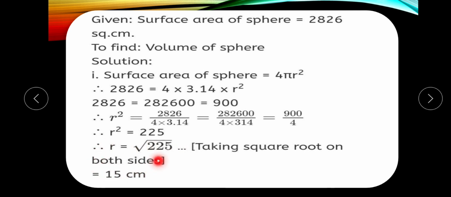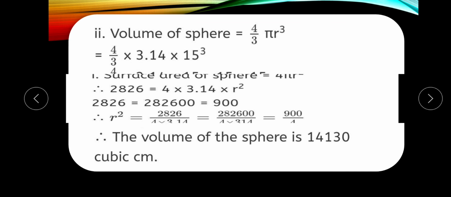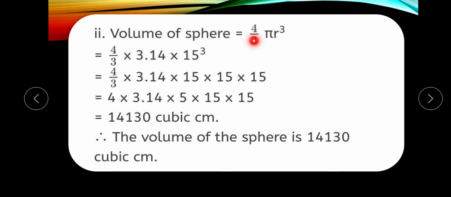Now substituting this in the volume of the sphere. Let's start. Volume of the sphere is equal to 4 upon 3 pi r cube. Substituting the value of r as 15, we get 4 upon 3 into 3.14 into 15 cube, that is 4 upon 3 into 3.14 into 15 into 15 into 15. 3 ones are 3, 3 fives are 15.